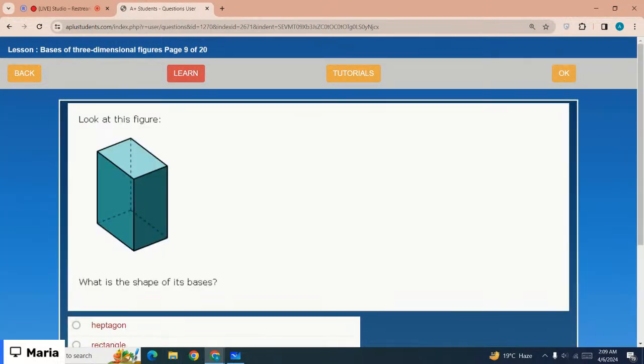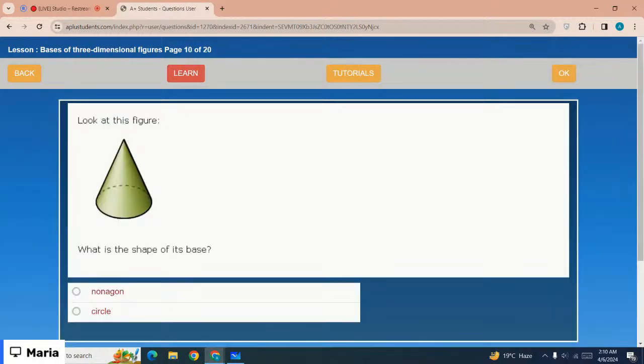Look at this figure. What is the shape of its base? That is a rectangle it is, right?